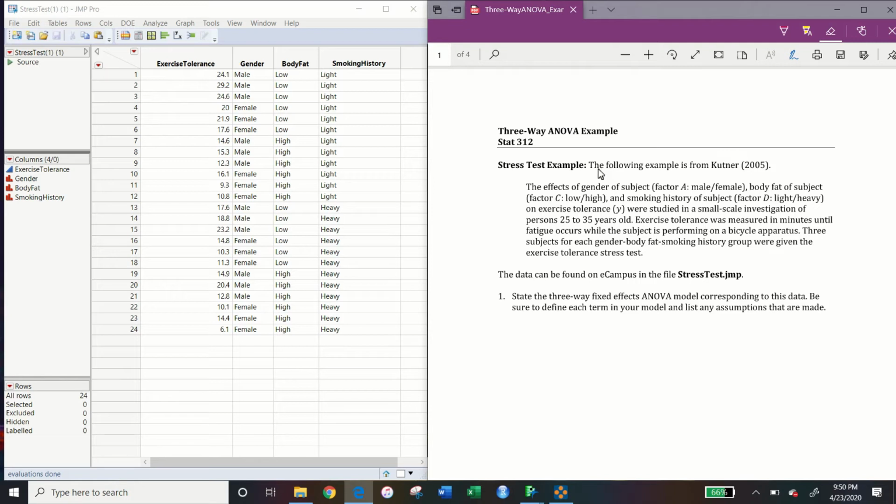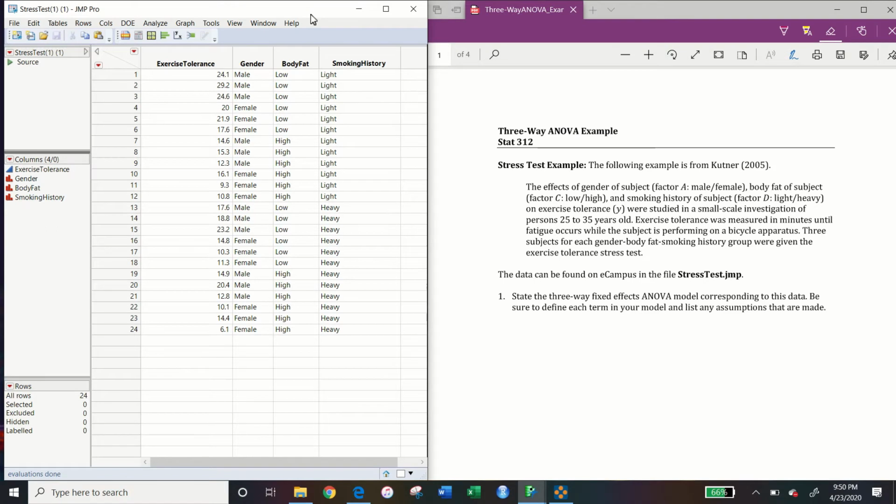Exercise tolerance was measured in minutes until fatigue occurred when the subject was performing on a bicycle apparatus. Three students for each gender, body fat, and smoking history group were given the exercise tolerance stress test. The data you need for this example can be found on eCampus in the file stresstest.jmp. You can see that I've already pulled up that data on your left.